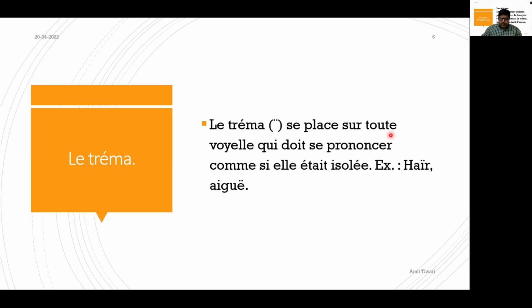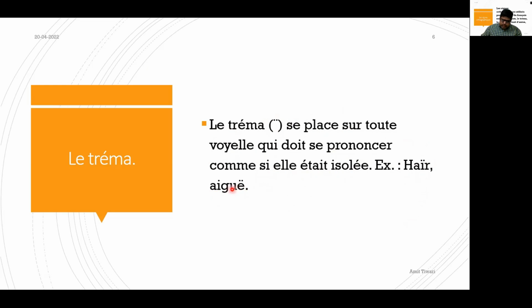Le tréma se place sur toute voyelle qui doit se prononcer comme si elle était isolée. To easily pronounce the sound of the vowel, the trema is put. Now you can see here, they are all irregular vowels. Therefore, it has been placed as per the scientific norms of the language of French.